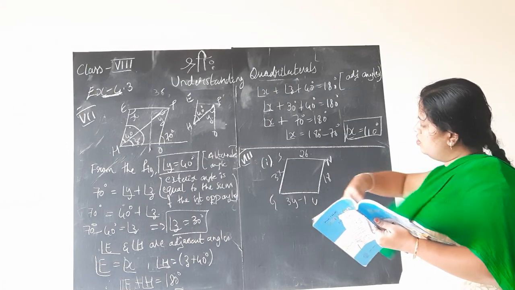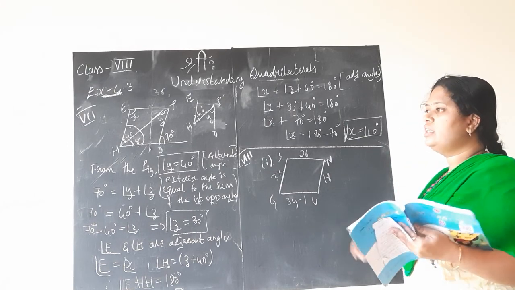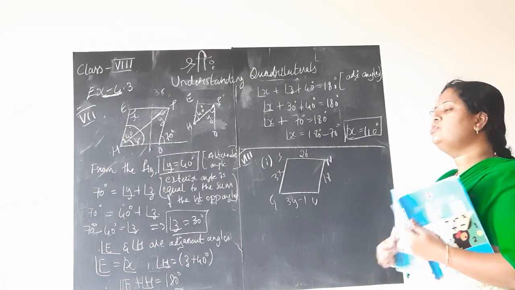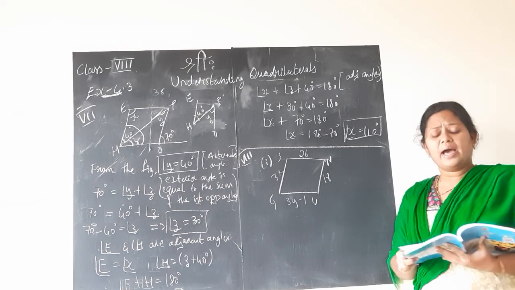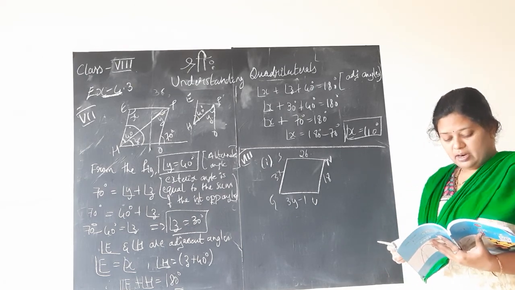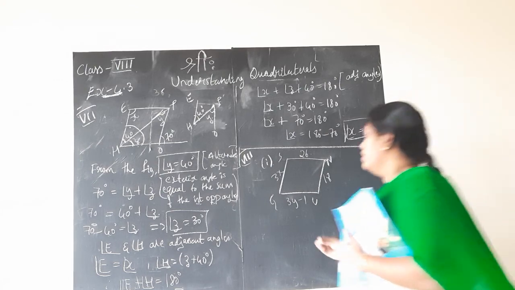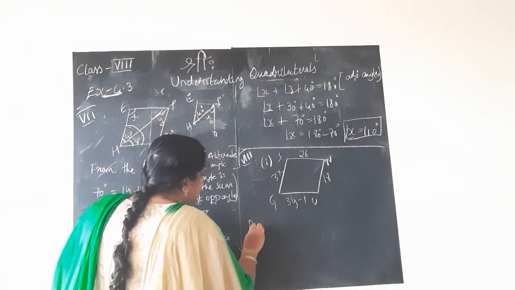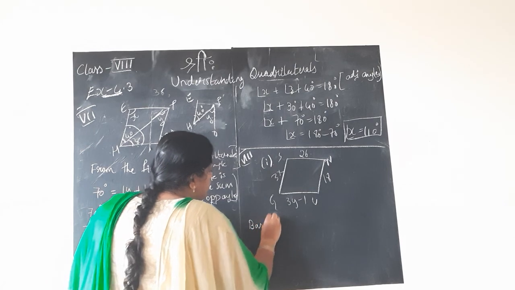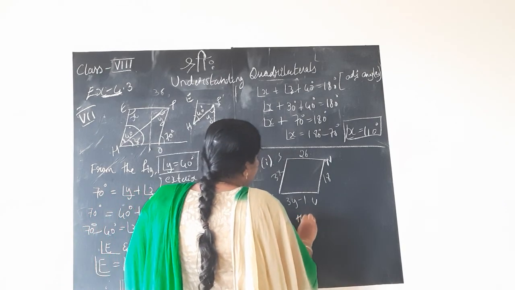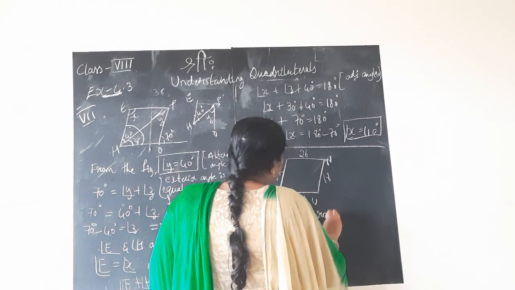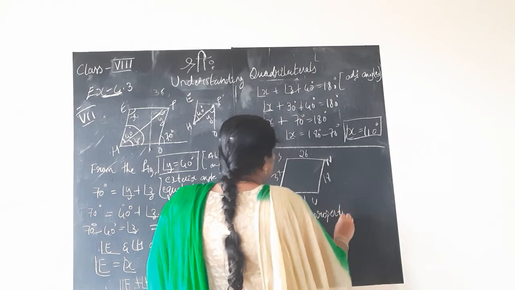These are parallelograms they are telling. We know that opposite sides of a parallelogram are parallel. Based on this you have to write for both the problems. I will write only for one problem.